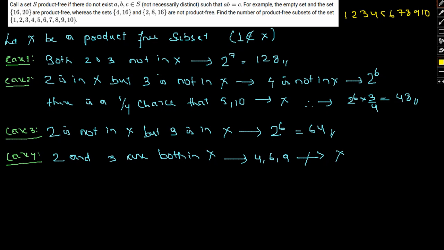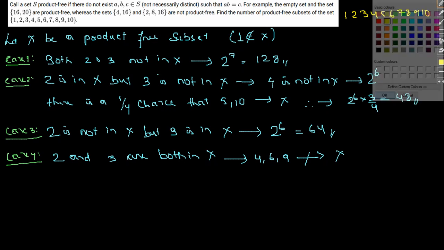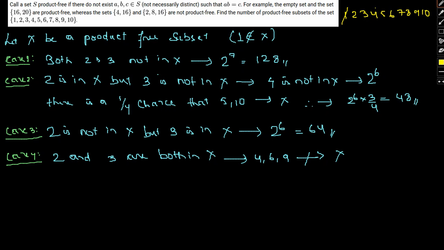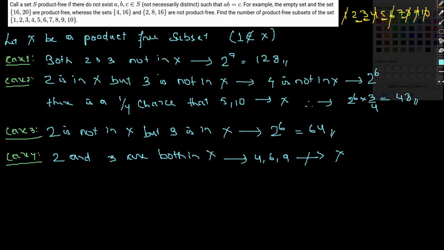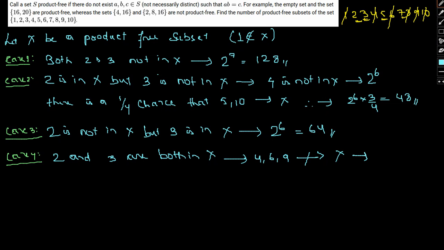Here 1 is not here, 4 won't be here, 6 won't be here, 8 won't be here, 9 won't be here. So what remains is 5, 7, 10 along with 2 and 3. Total cases would be 2 to the power 4 equal to 16.